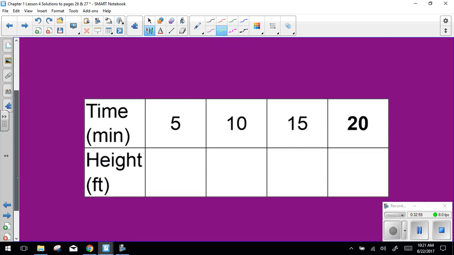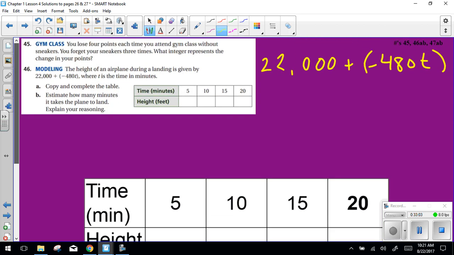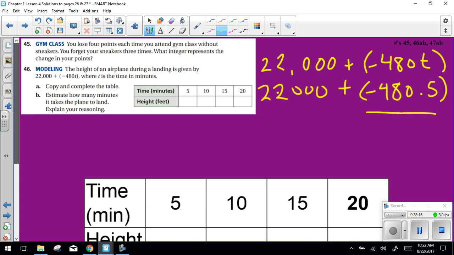I made a chart down here, and we're just going to fill it in as we go. So we're going to take 22,000 and add -480 times 5. Okay, so remember, we multiply first and then we subtract.